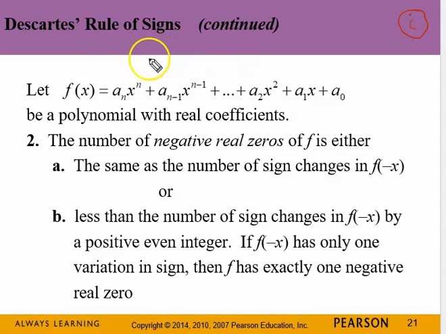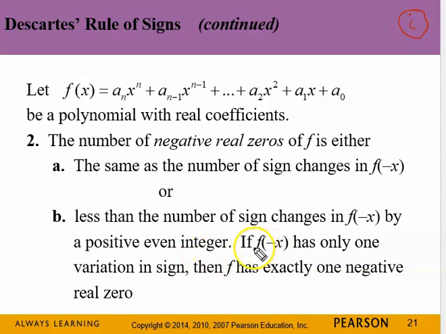And before we do, let's go to the second part of this, where the number of negative real zeros, if our function is either the same as the number of sign changes, if we make the function negative, or part B, less than the number of sign changes by a positive even integer.